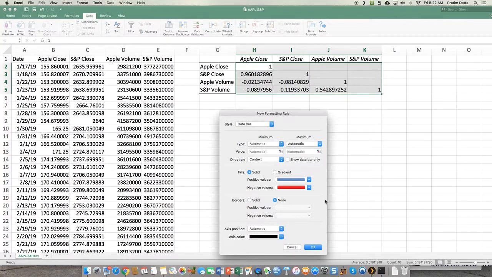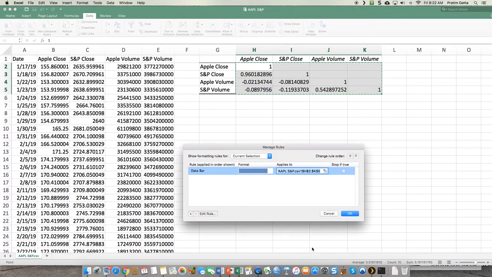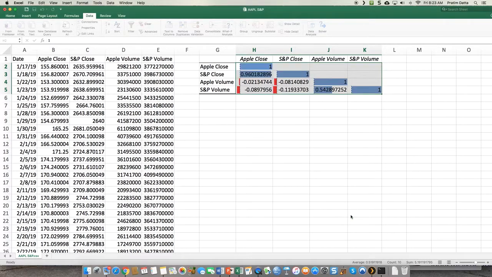If a negative value is large, it'll show a longer bar. If it's a smaller negative value, it'll show a shorter bar. So we'll say, all right, let's keep everything the way it is. You're applying it to this section of the numbers, and let's click OK.